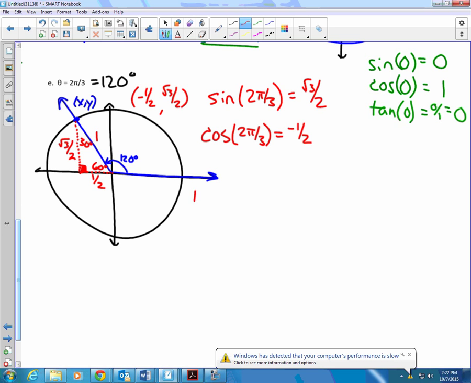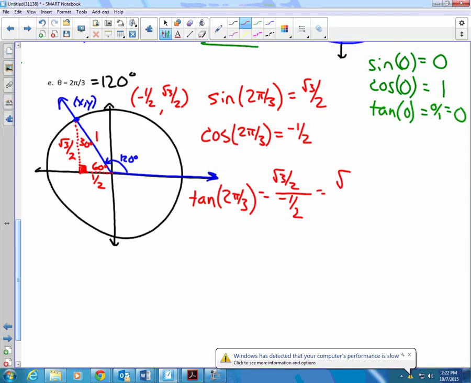Tangent will be a little bit different. What's the ratio for tangent? What do we do? Y over X. What's the Y value? Square root 3 over 2 divided by negative 1/2. Uh-oh. How do you divide fractions? Multiply by the reciprocal.